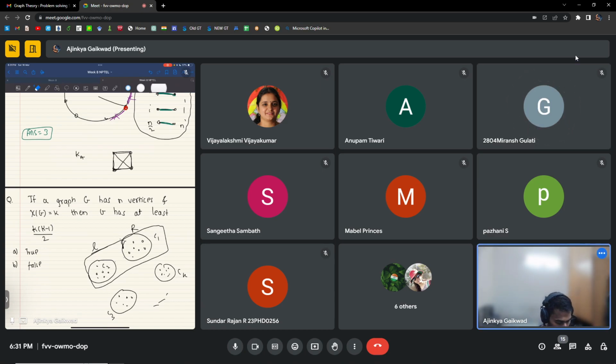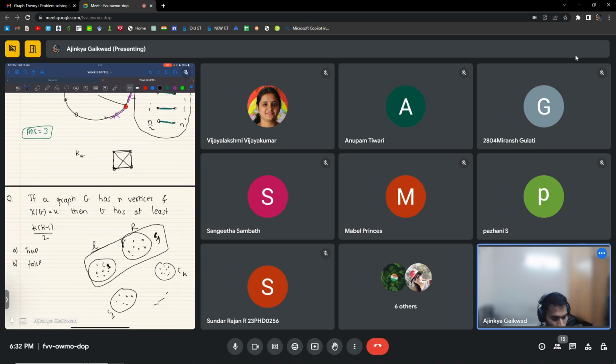Exactly. What he's saying is basically if you look at the vertices in C2 and simultaneously at the vertices in C1, if there is no edge between C2 and C1, I can color C2 as C1 also, and color the entire set with one color.